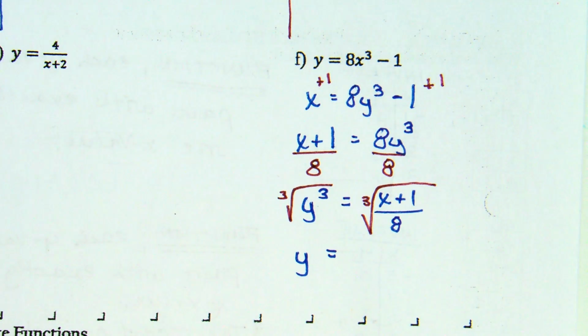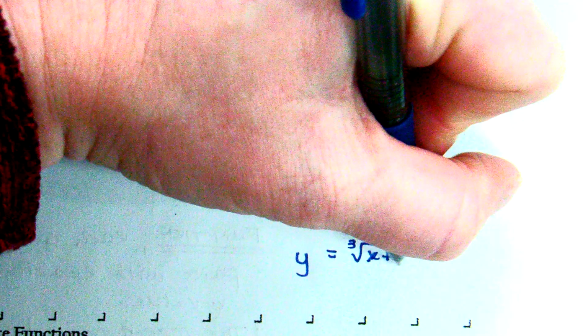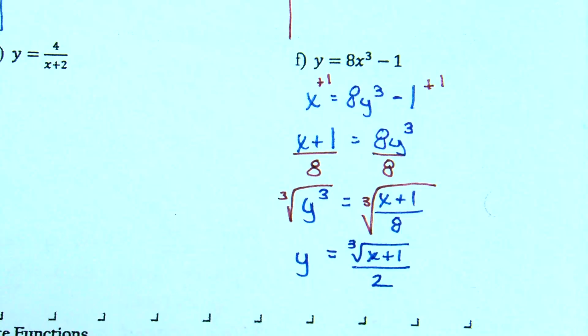But are they still relevant? Yeah. The cube root of 8 is 2. So you can take the cube root of just the denominator and not the numerator, which means I can write this as the cube root of x plus 1 over a regular 2. So can you see how I made it obvious that my radical is only on top?